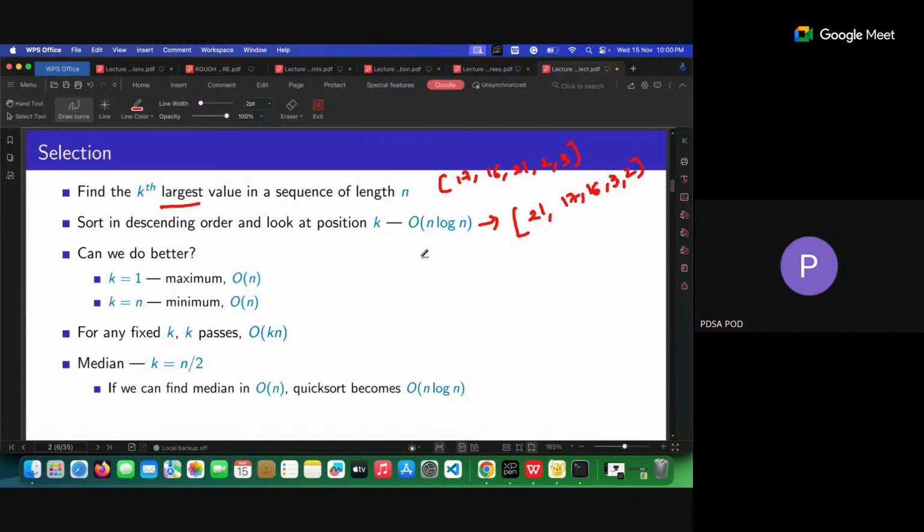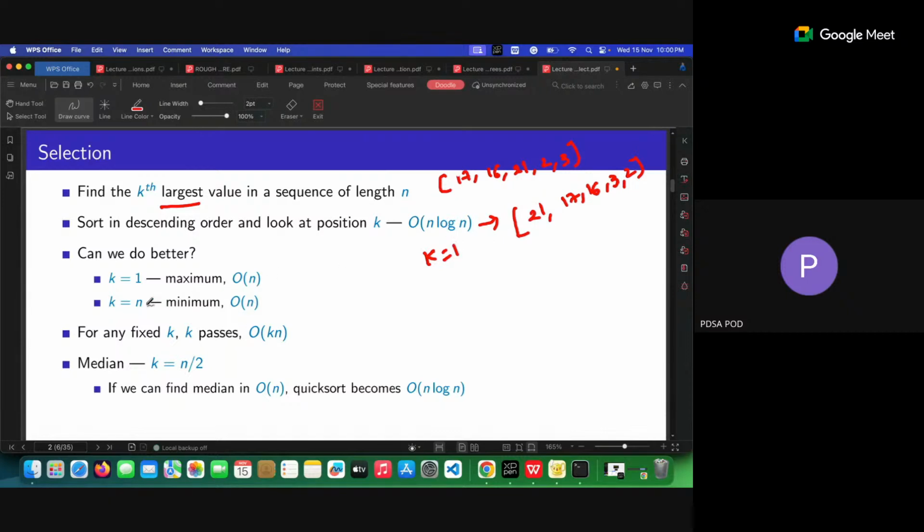If k is 1, we can simply find the kth largest at the first position. If k is 2, it means the second largest. So based on the k position, we can simply trace it out.